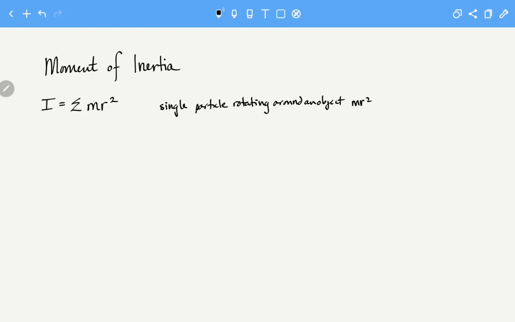Now, if you then say, well, okay, I don't just want one particle, I want a physical object that's rotating. Well, that's made up of a ton of particles. So if you had multiple particles, which is every other object, then that's going to be equal to the sum of each individual particle. So it's going to be the sum of the mr squared, and this is what we end up replacing with that letter I because it's way easier to handle.